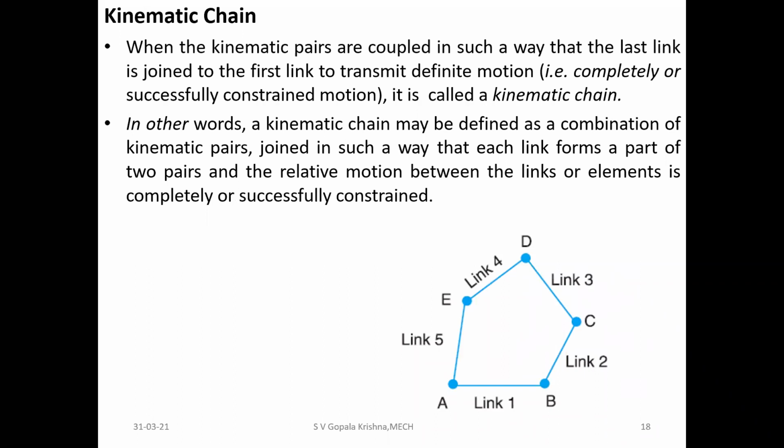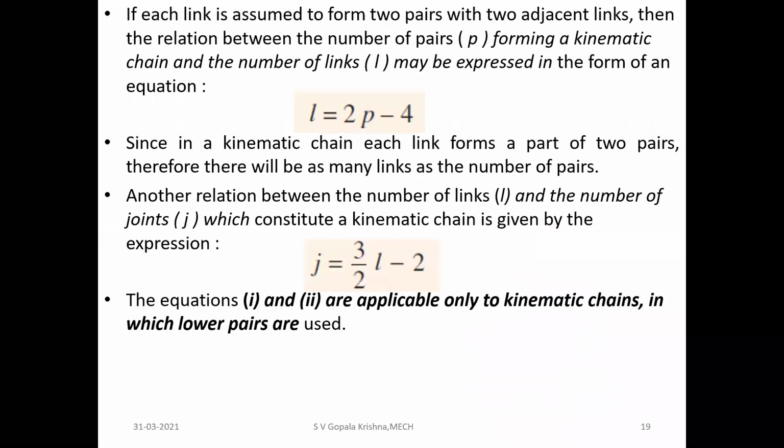When the first link and the last link are connected together, that is known as a kinematic chain. Already we discussed relations between the number of pairs and number of links, and the number of joints and number of links. These two relations are applicable only for kinematic chains.